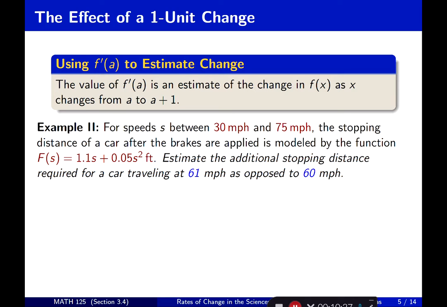For speeds s between 30 miles per hour and 70 miles per hour, the stopping distance of a car after the brakes are applied is modeled by the function f of s equal to 1.1s plus 0.05 s squared feet. Estimate the additional stopping distance required for a car traveling at 61 miles per hour as opposed to 60 miles per hour.